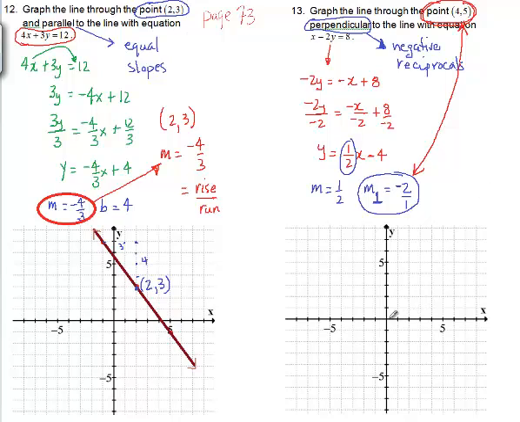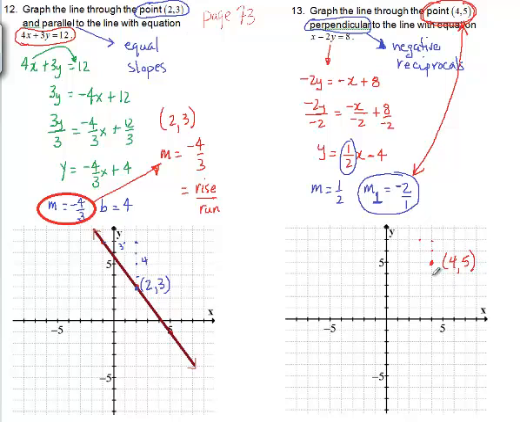So again, find the point (4, 5). (4, 5) is another point in the first quadrant. So here's (4, 5). Let me double check. It looks like (4, 5). And we're going to use the slope negative 2 over 1. Again I have choices. I can go up 2, and it's a negative slope, so I go left 1.